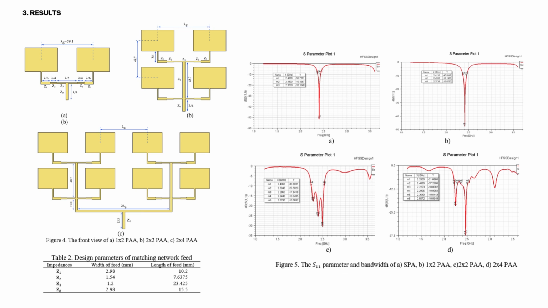When constructing a 4-element PAA, the identical circuit is used as in a 2-element PAA. Two similar patches are added in parallel, which are located at a distance of 48.7 millimeters. The spacing between patches is determined based on the guided wavelength, which is equal to 59.1 millimeters.